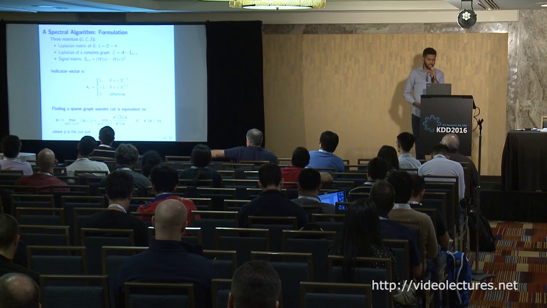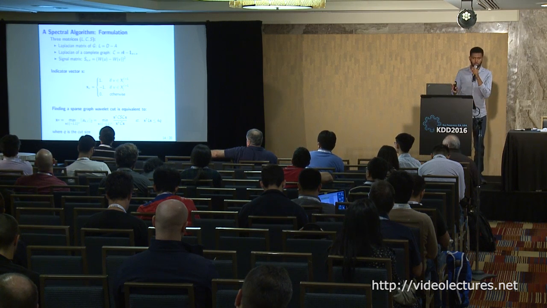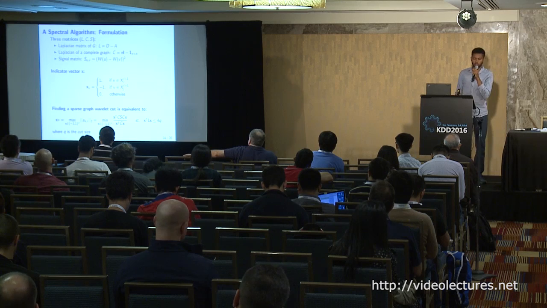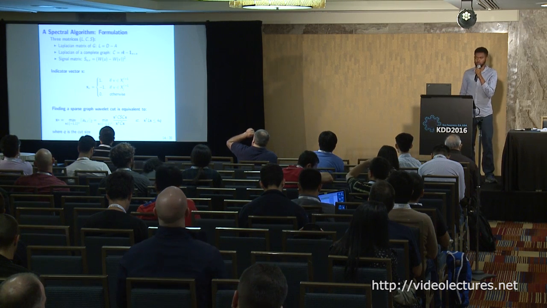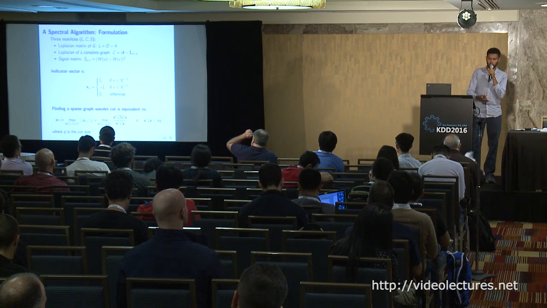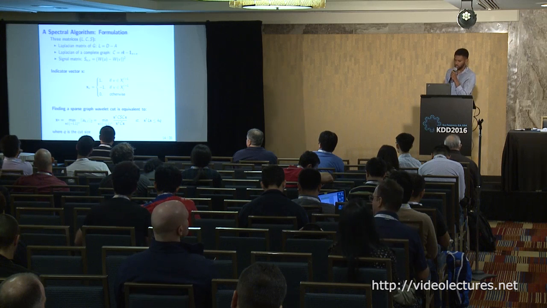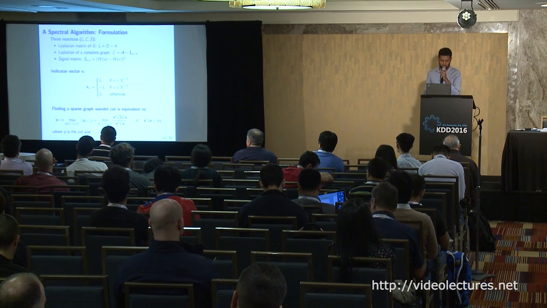So how do you do that? Which kind of matrix can capture both? At this point, you should be understanding that we don't care only about the graph structure, right? You have some process that's happening on top of the graph. So you need to somehow take into consideration both the process or the data that you're seeing and the graph structure. How can you do that? We have shown that you can use three very simple matrices.